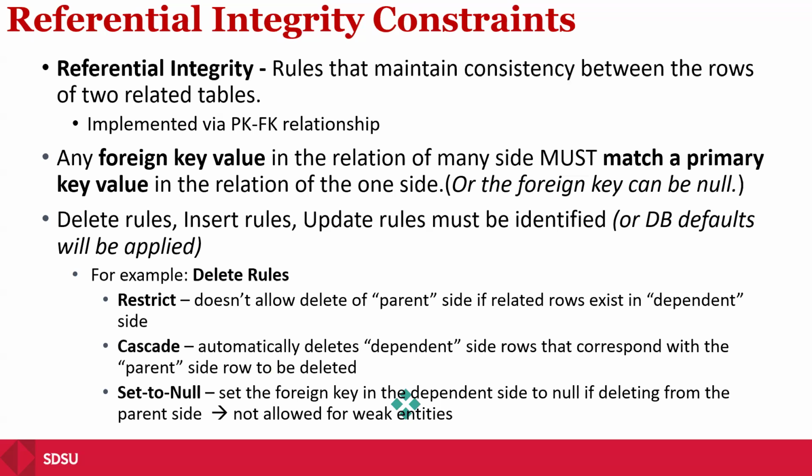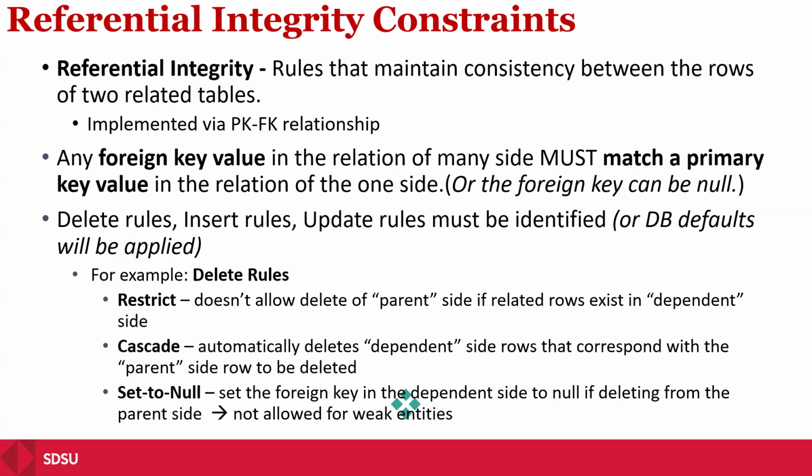Referential integrity states that any foreign key value in a relation on the many side, remember, foreign keys always sit on the many side of the relationship, must match a primary key value on the relation of the one side.